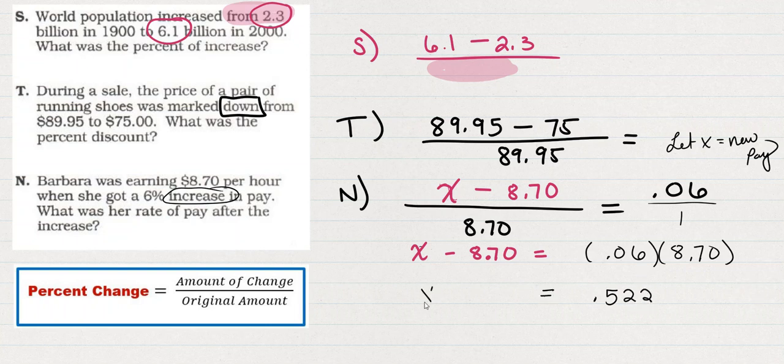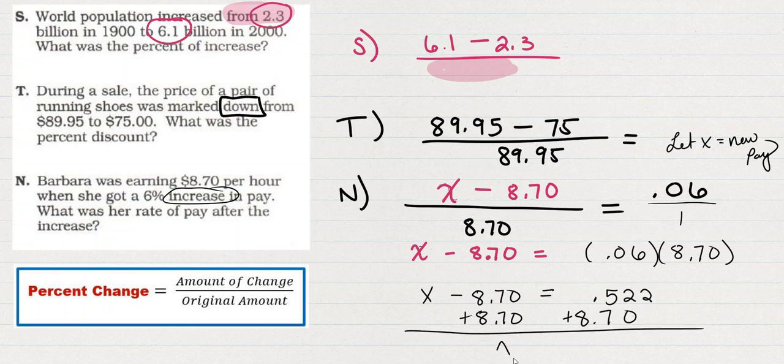And then if I add the 8.70 to both sides, I can see that her new pay is $9.222, and I'd round that to $9.22. That's one way we could solve this.